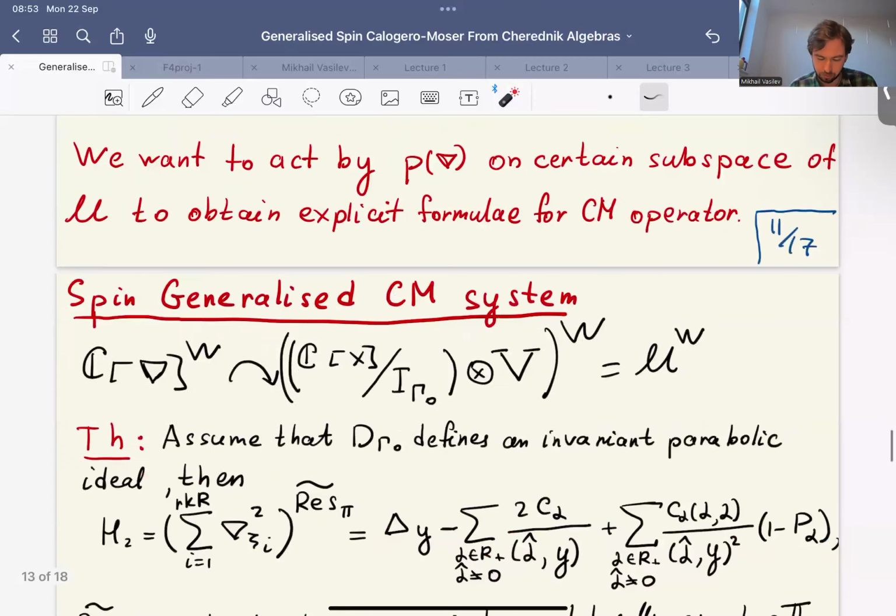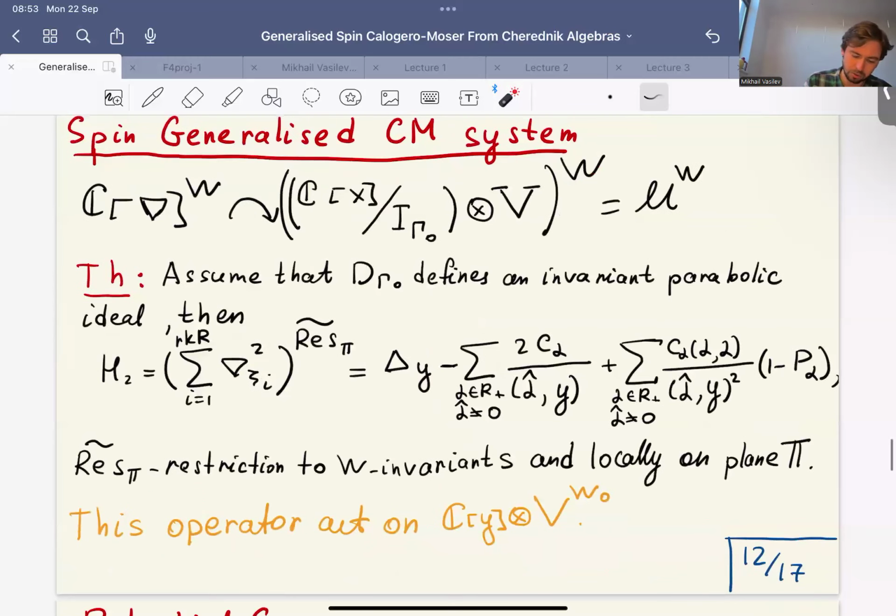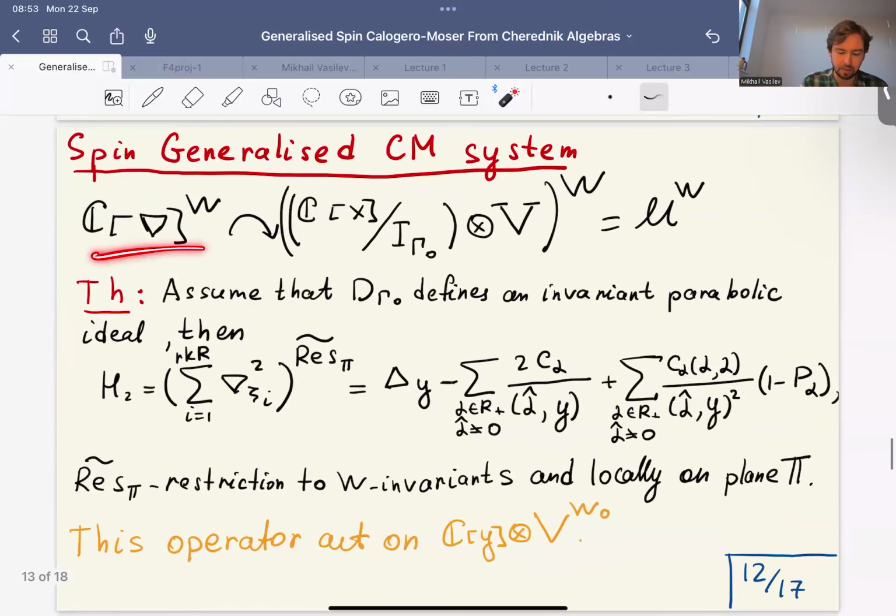So what do we do? We take a W-invariant combination of Dunkl operators and we act on diagonal invariants in this space. By diagonal invariance, I just mean that elements of the Weyl group can act on the polynomial part and on the vector part, and we insist that the result is invariant. So we act on the invariants with respect to this diagonal action.